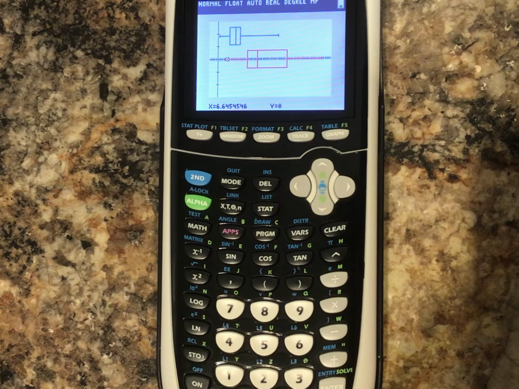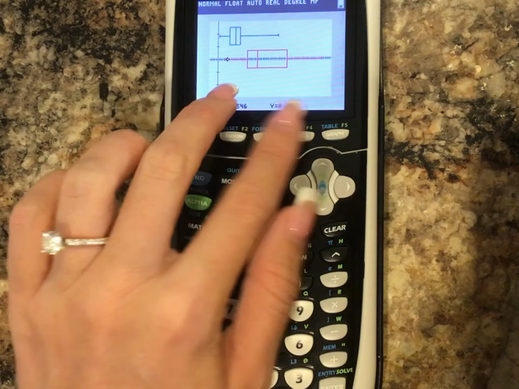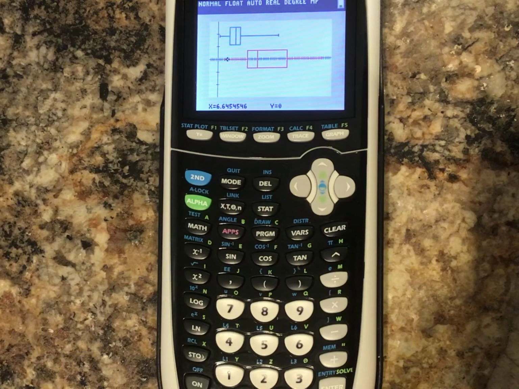Now we can see that we have a much wider spread of data for the longest lifespan of these mammals in captivity. That data is more spread out. That means that in captivity we have some mammals that don't live very long, but we do have some mammals that in captivity live an incredibly long time.